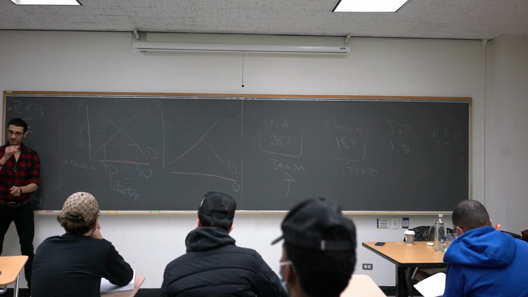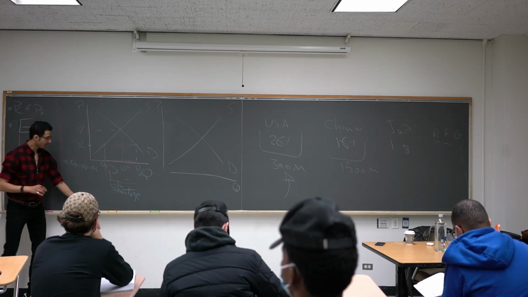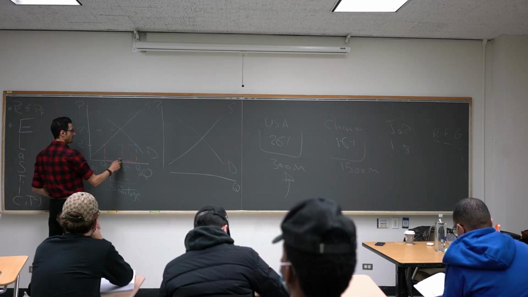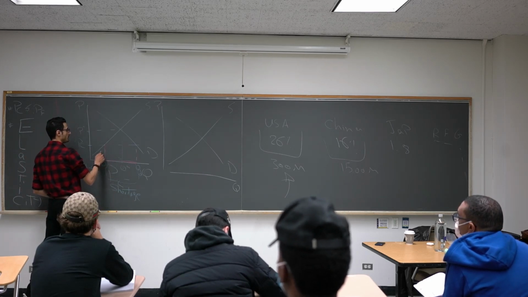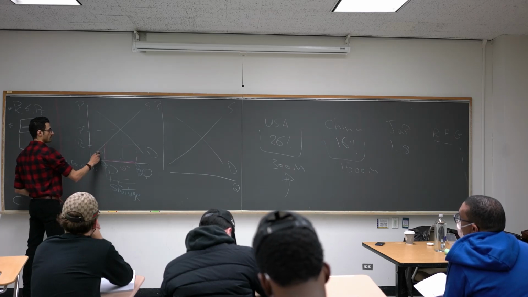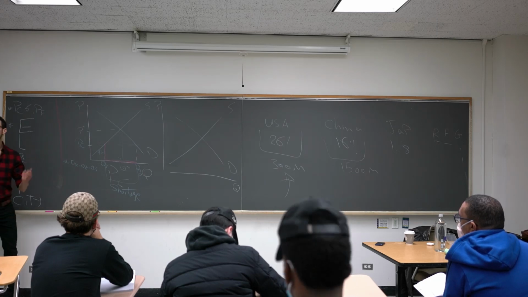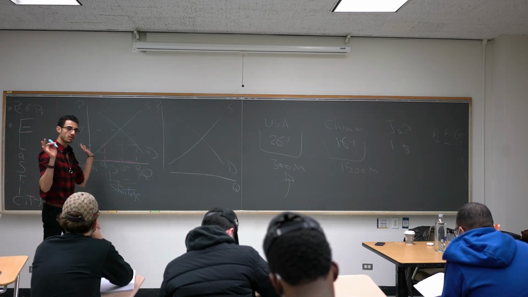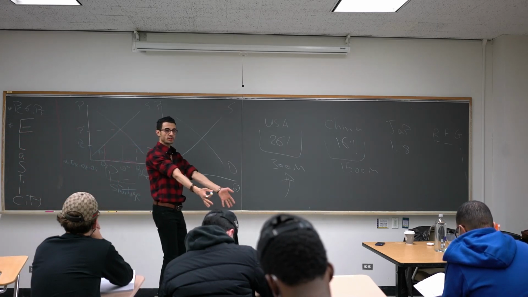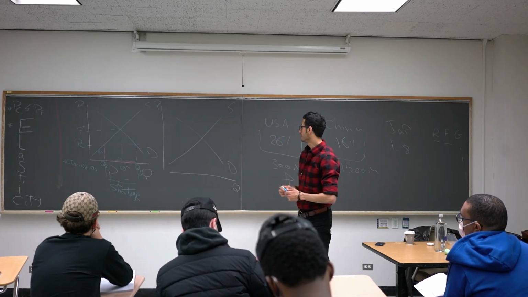The base times the height. So 10,000 multiplied by $20, that'd be $200,000. That is the value of the shortage in this market, right?